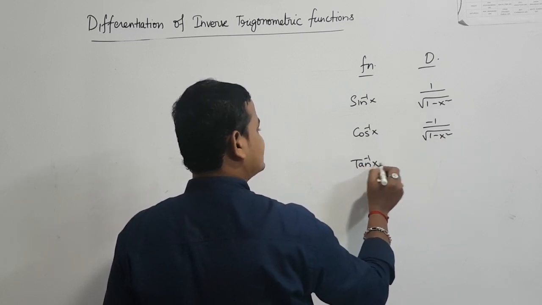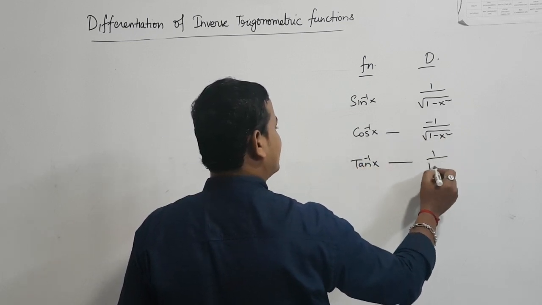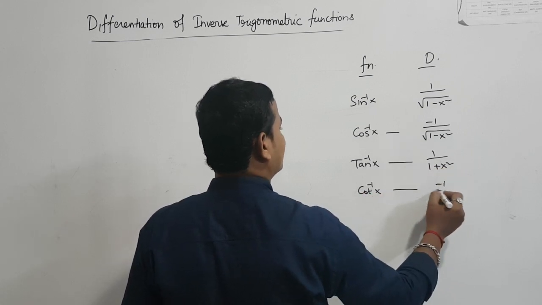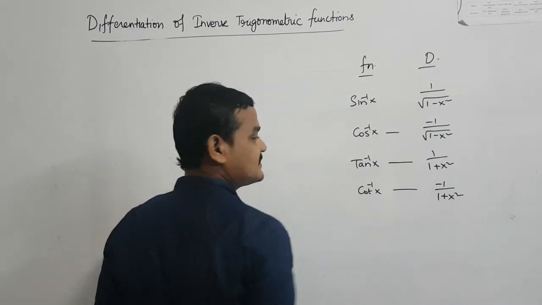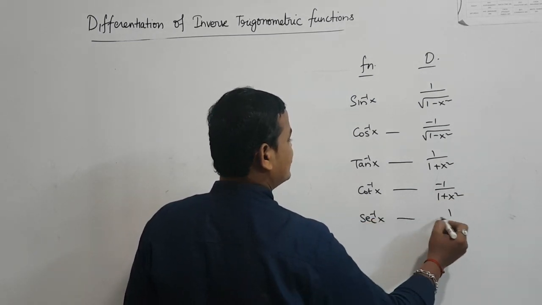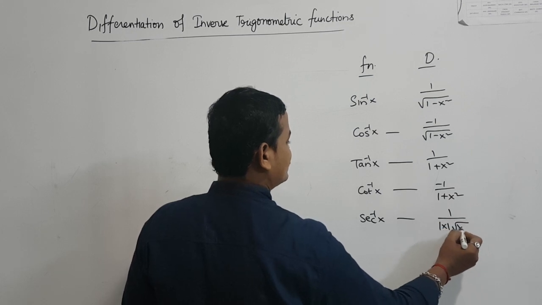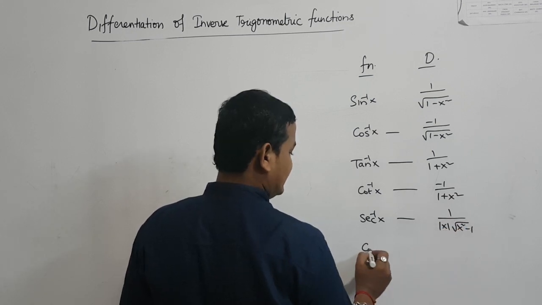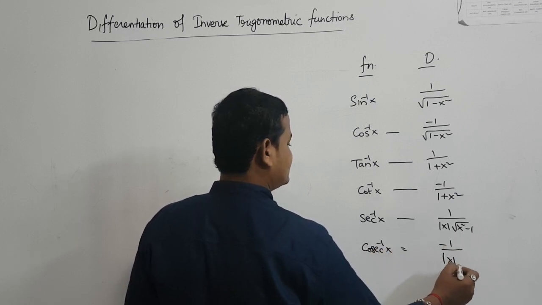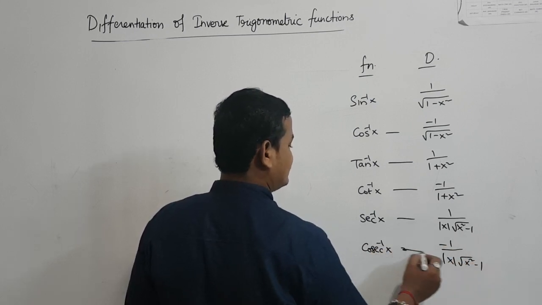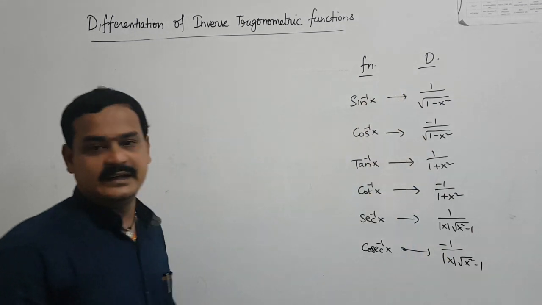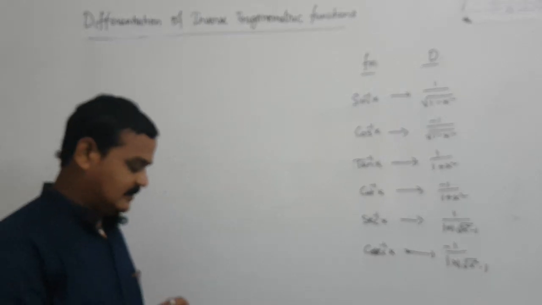Tan inverse of x, its derivative is 1 by 1 plus x square. Cot inverse of x is equal to minus 1 by 1 plus x square. Sec inverse of x is equal to 1 by mod x into root over x square minus 1, and cosec inverse of x is equal to minus 1 by mod x into root over x square minus 1. These are the 6 inverse trigonometric functions in their respective domains.